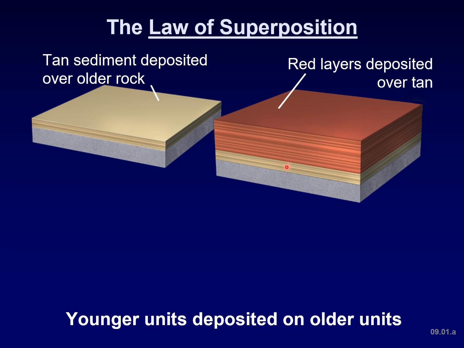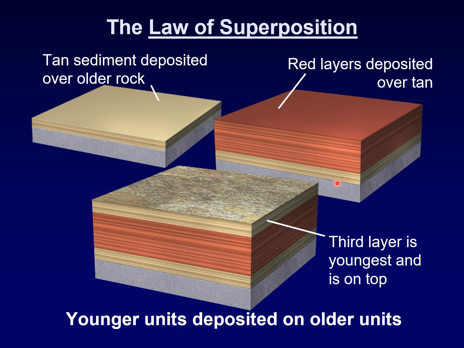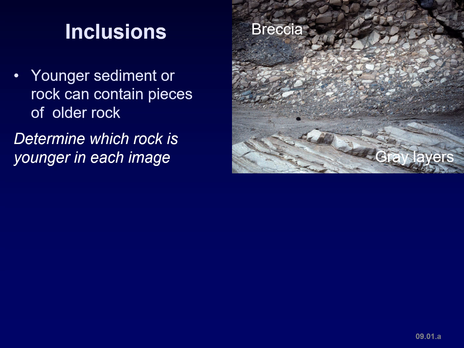They are younger than the tan layers, and both of them are younger than this gray layer here. And then you have a third layer, which is on top, and it is the youngest of them all, and it is younger than the red layer, the tan layer, and the gray layer. So that's the law of superposition. If it's on bottom, it's older. If it's on top, it's younger.